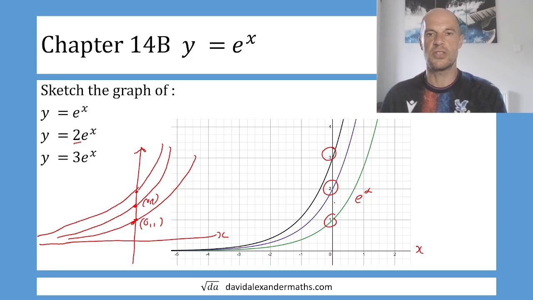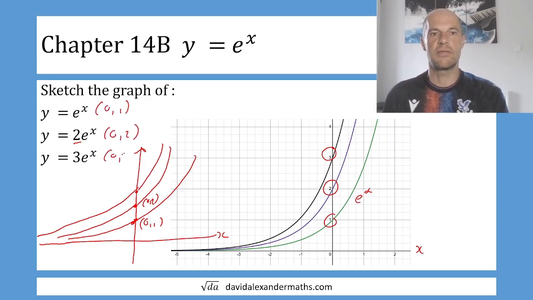So all we're doing is stretching vertically and multiplying all the y values by the number in front of the e to the x. Crucially, if you're just sketching one on its own, you just need to make sure you're getting the y-intercept correct. So here, 0, 1; 2e to the x, 0, 2; 3e to the x, 0, 3.